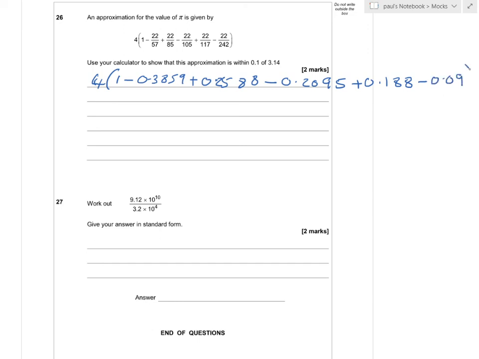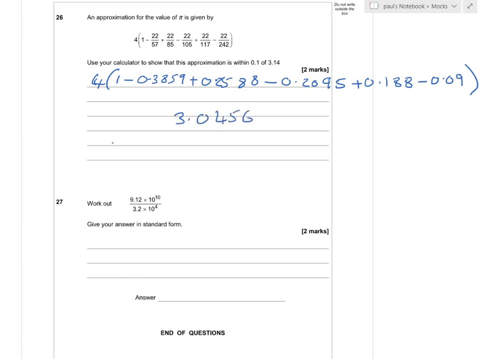Right, okay, can I do all that now and then multiply it by 4? So 1 minus 0.3859 plus 0.2588 minus 0.2095 plus 0.188 minus 0.09 equals, yeah, and multiply that by 4, and that equals 3.0456.